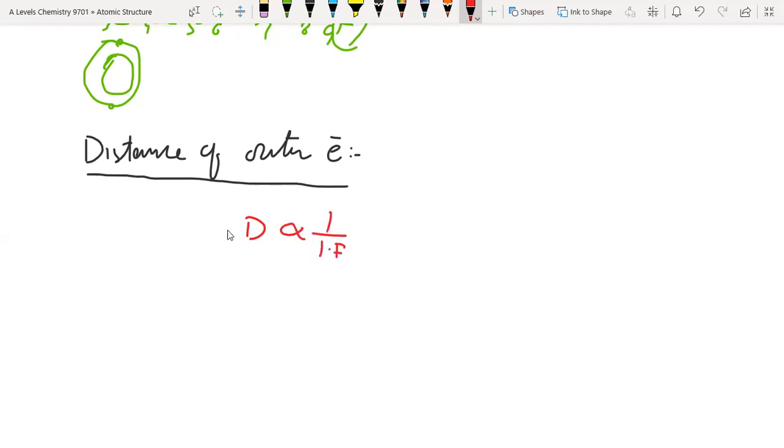If the distance between the nucleus and the outer shell electron is greater, then ionization energy would be smaller. It means the least amount of energy would be required to remove the outer shell electron from the atom. The further the outer shell electron is from the nucleus, the lower the ionization energy. This was our second factor.